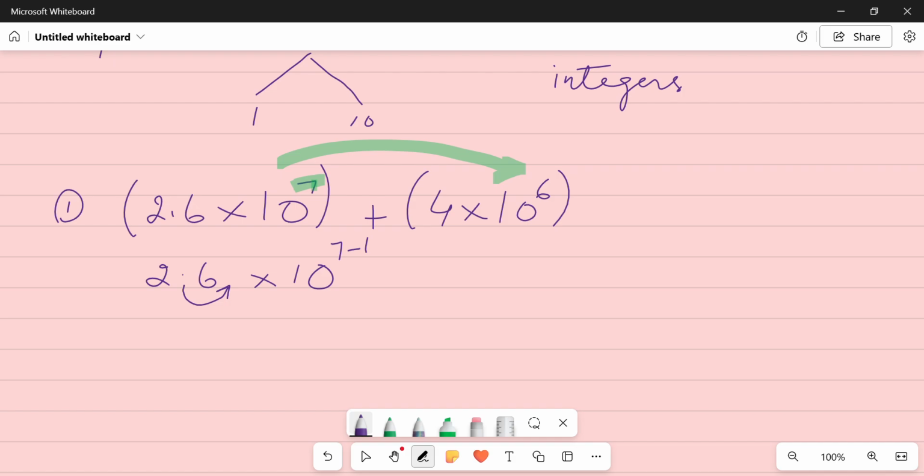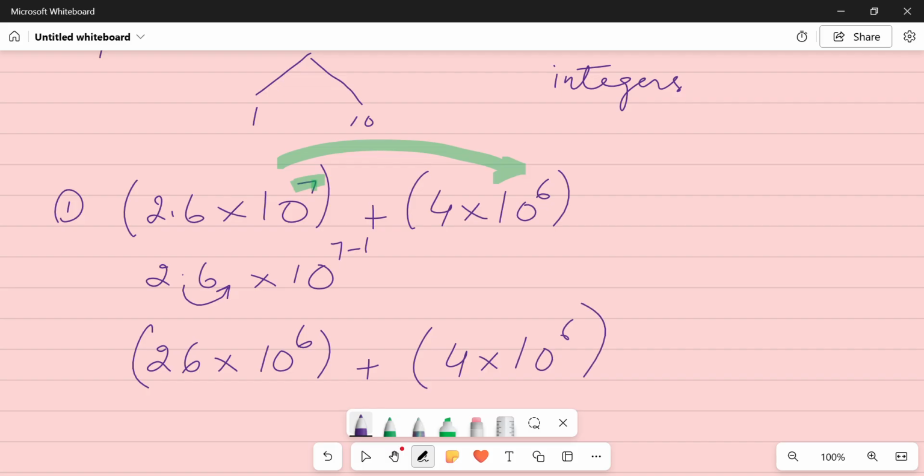R for right side and R for reduce. So you need to do a subtraction. You jump one number ahead, right? So it becomes 26 times 10 to the power 6, then plus 4 times 10 to the power 6.